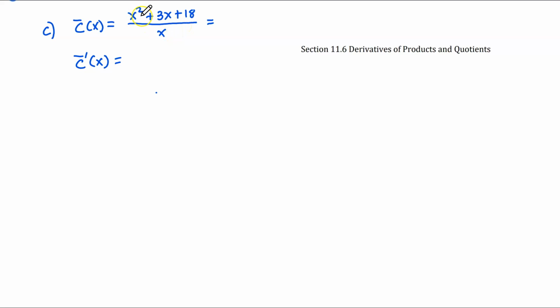So let's go ahead and divide each term by x. We have x squared over x plus 3x over x plus 18 over x, and then simplify each term. x squared over x is x, 3x over x is 3, and 18 over x is also equal to 18x to the negative 1. And then differentiate each term.